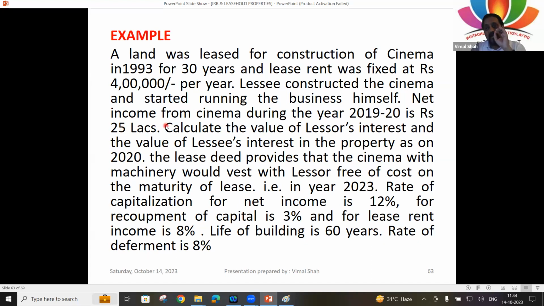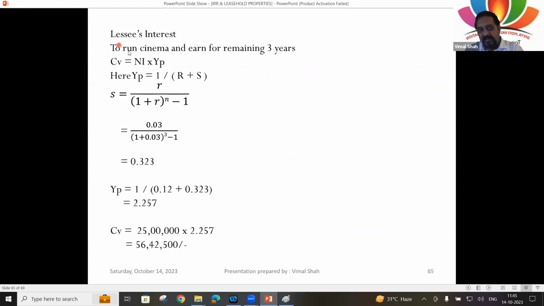Here for lessee, I'll be using YP dual rate. Why YP dual rate? Because income is only for 3 years. And since he had invested in the cinema, after 3 years he is not going to get back the capital, so the dual rate formula will be applicable. So we are using YP dual rate. So lessee's interest is to run the cinema and earn for the remaining 3 years period.